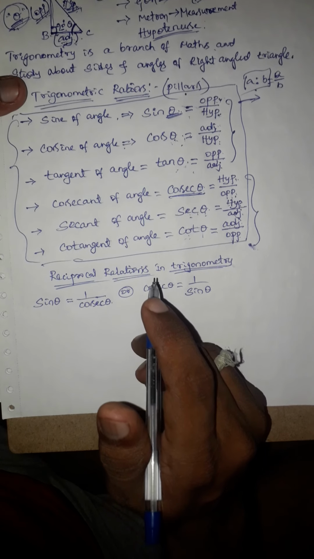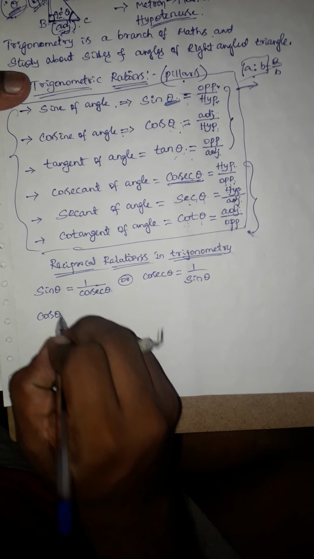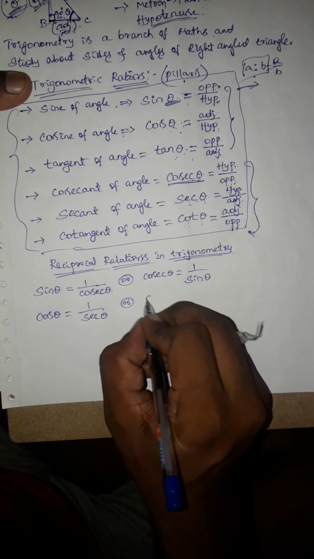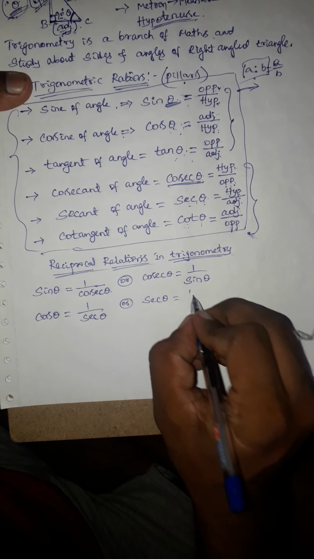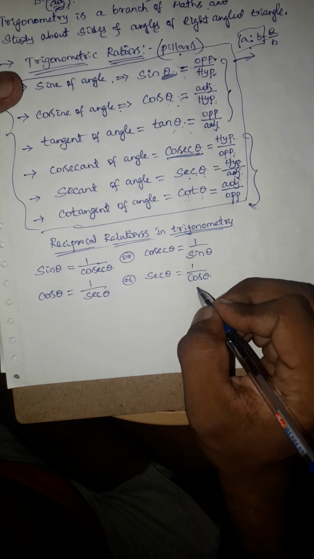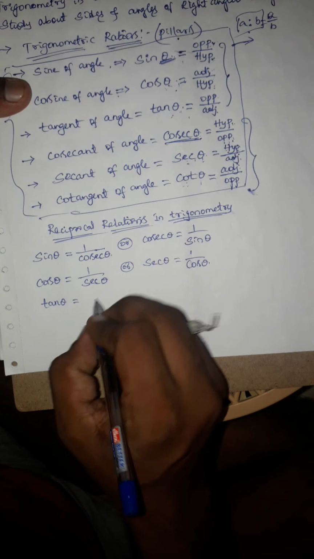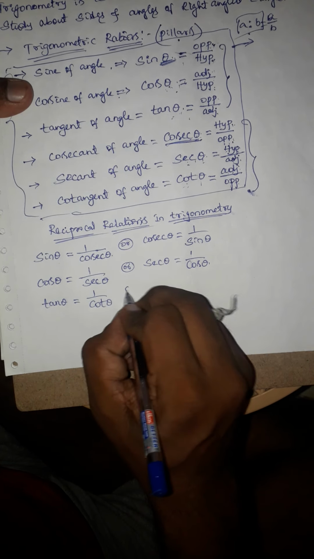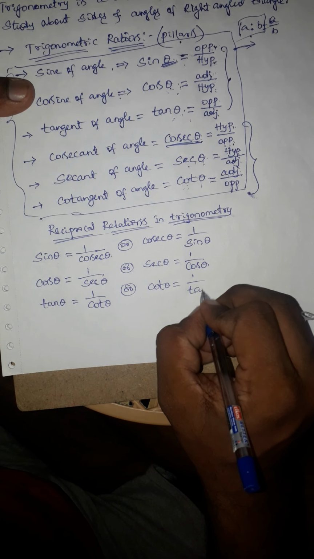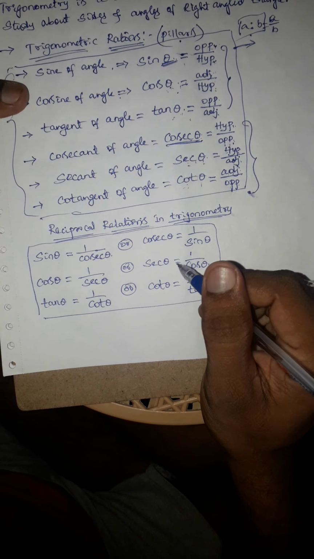In the same way, the next one is cos theta. Cos theta is the reciprocal of secant theta, or secant theta is the reciprocal of cos theta. In the same way, the third one also, tan theta is the reciprocal of cot theta, or cot theta is the reciprocal of tan theta.